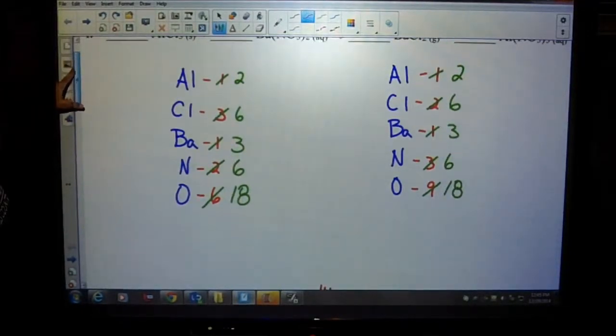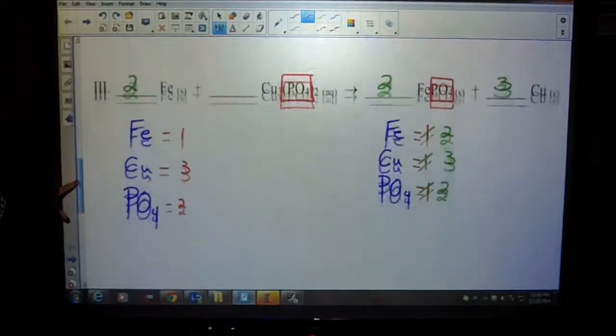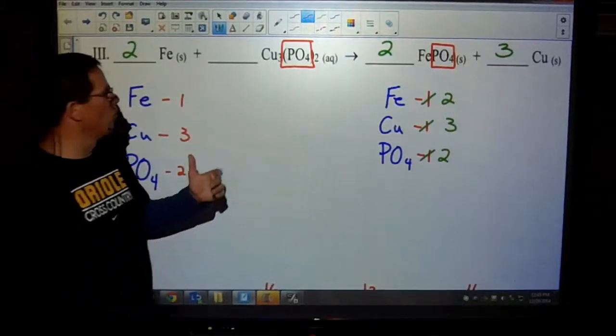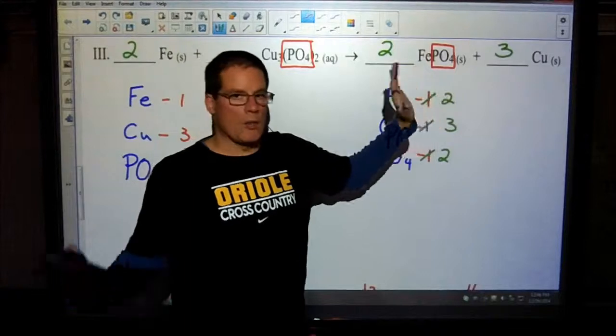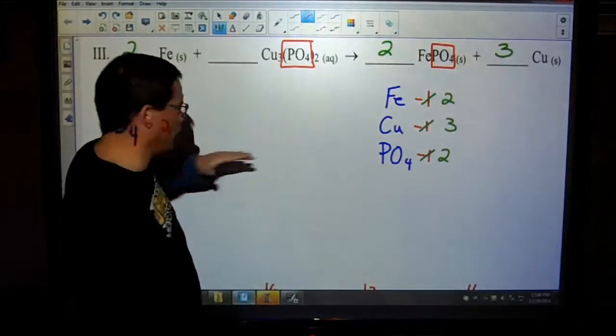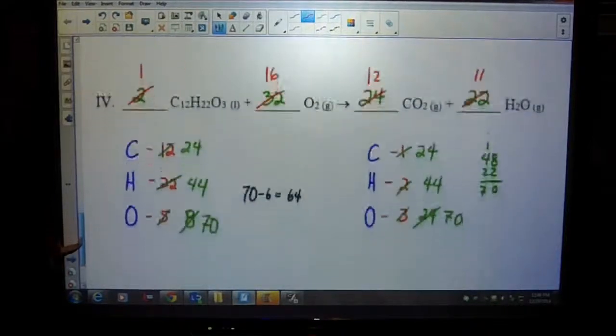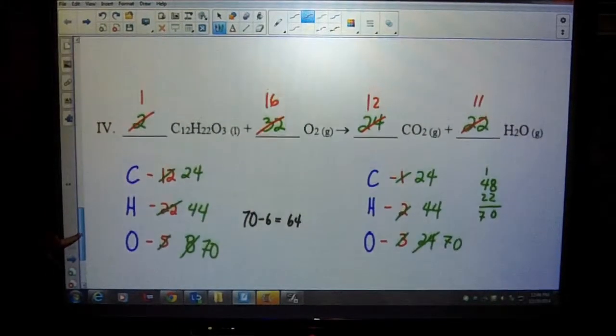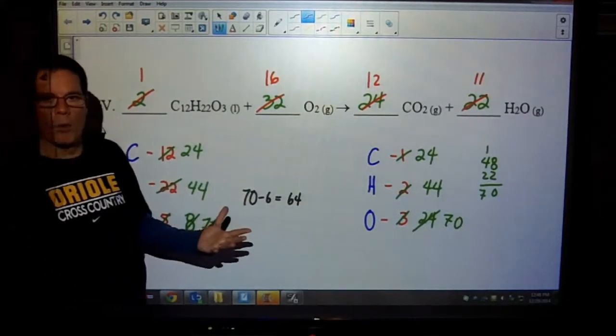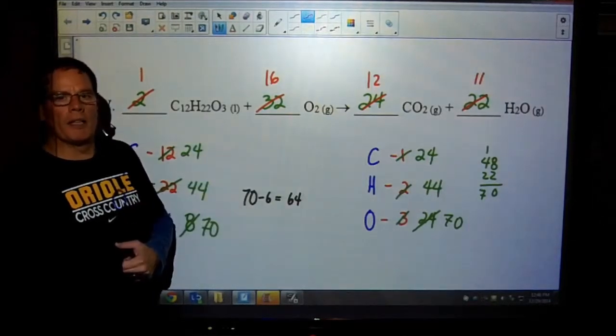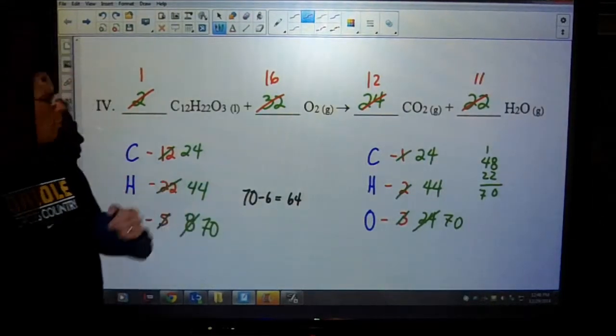So you can show individual atoms, or if you have a polyatomic, that doesn't change. In other words, if this goes from PO4 to PO3, you can't say that these are the same. All right. So if you need extra help on the homework, I am going to make a video about the evens here in a moment. So I hope this was helpful.